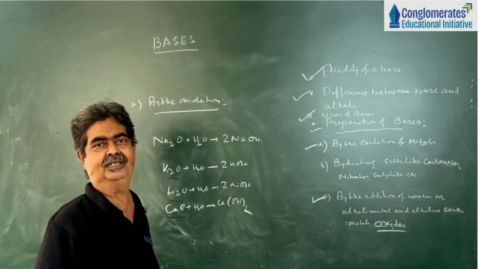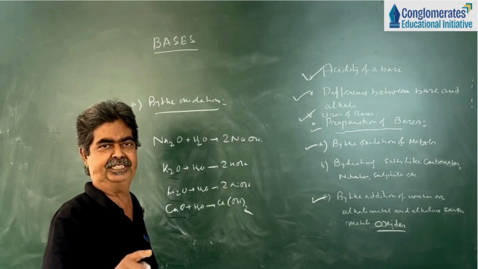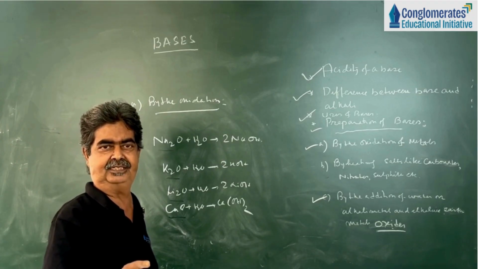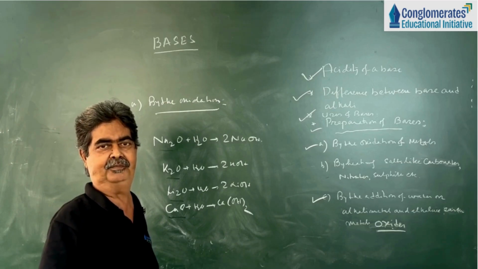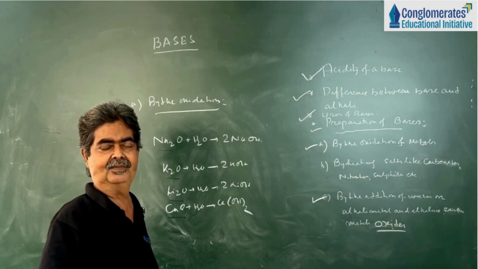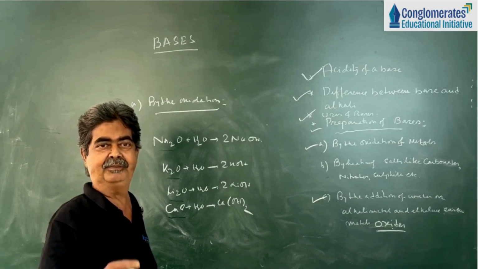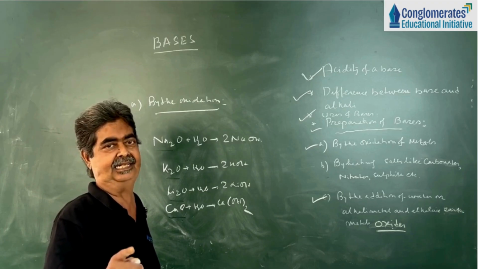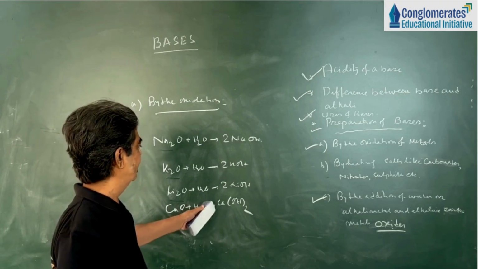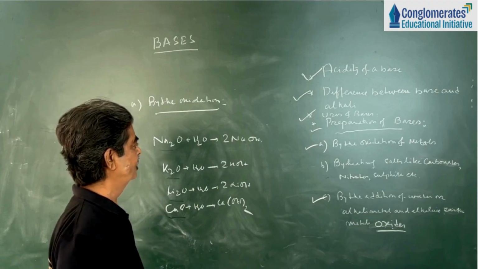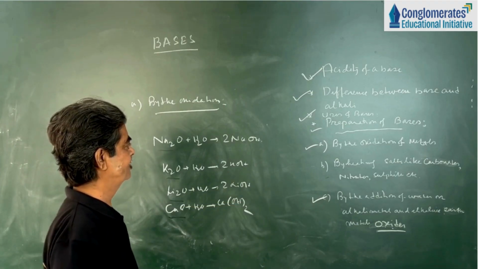So this is the second method. First method, by the direct union with oxygen to form the respective oxides called bases. And metal oxides, mainly alkali and alkaline earth metal oxides, form alkalis by reacting with water.